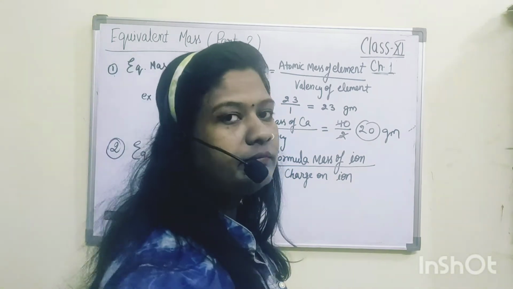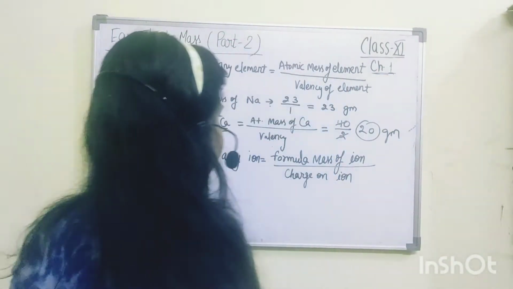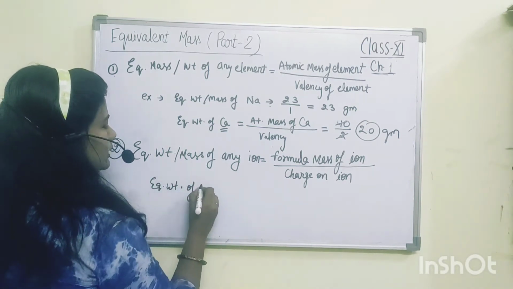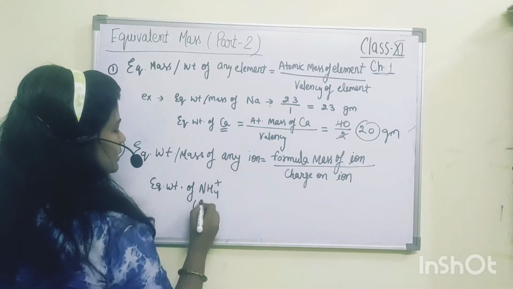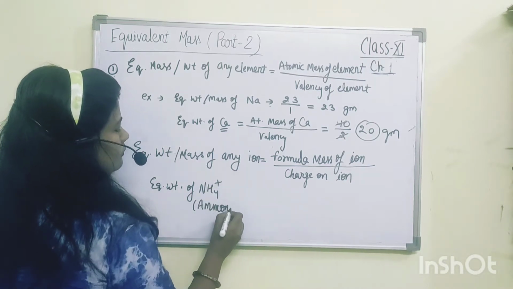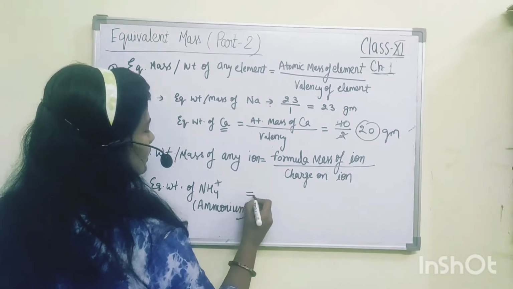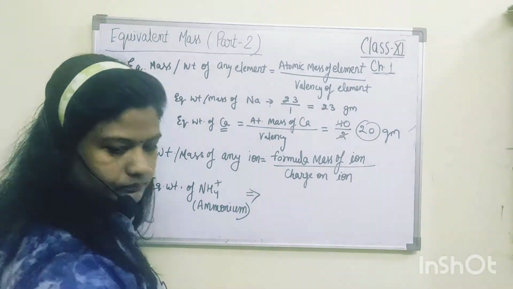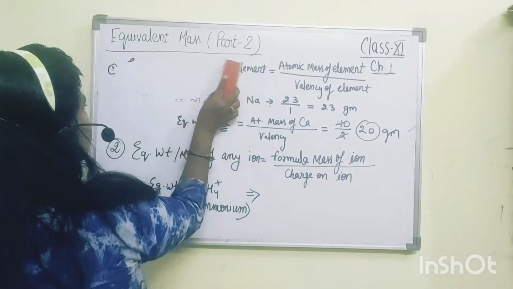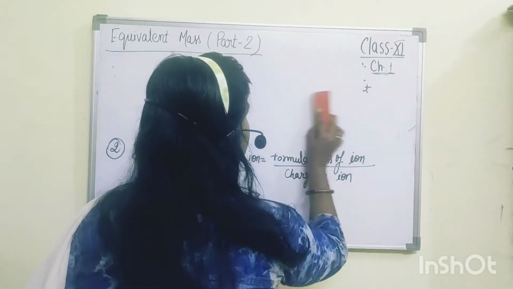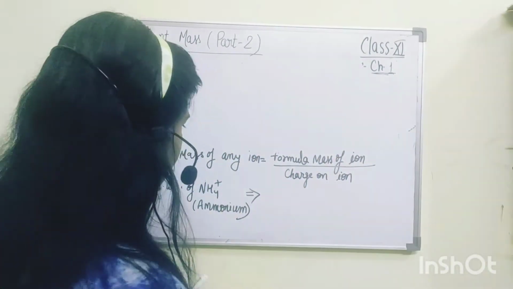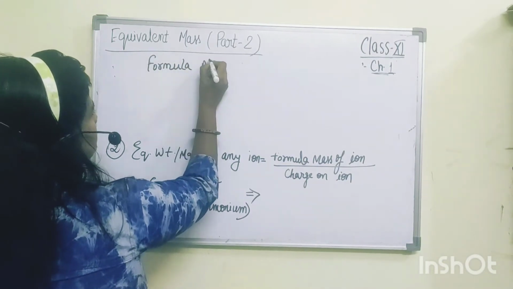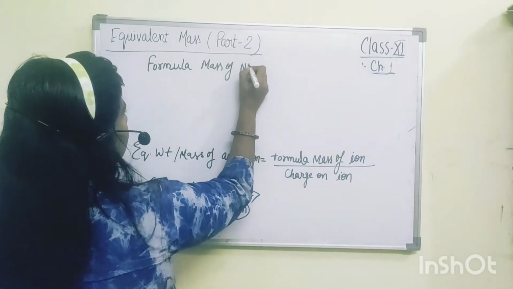Suppose I am taking the example of ammonium. Find out the equivalent weight of ammonium NH4 plus. What will its formula mass be? First of all we calculate the formula mass of ammonium NH4 plus.